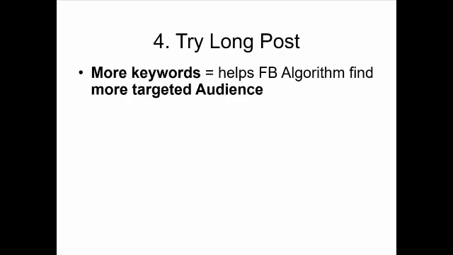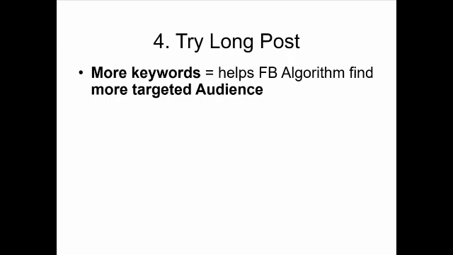Now, tip number 4. Try out long posts. All right, so this might sound counterintuitive because a lot of people that try running Facebook ads for the first time might intuitively think that running a short ad is a lot better because of people's short attention span. We find that writing long posts actually helps bring in a more targeted audience. Why would that be the case?